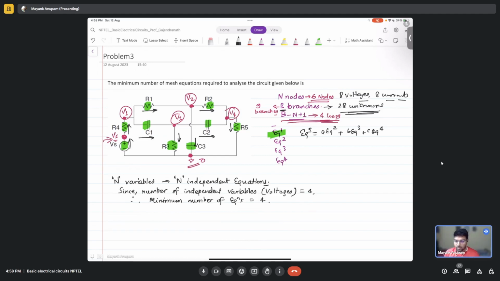So with KCL and KVL, you can use either of the two, along with the branch IV relationships. You will need either KVL or KCL, and along with this, you also need branch IV relationships.